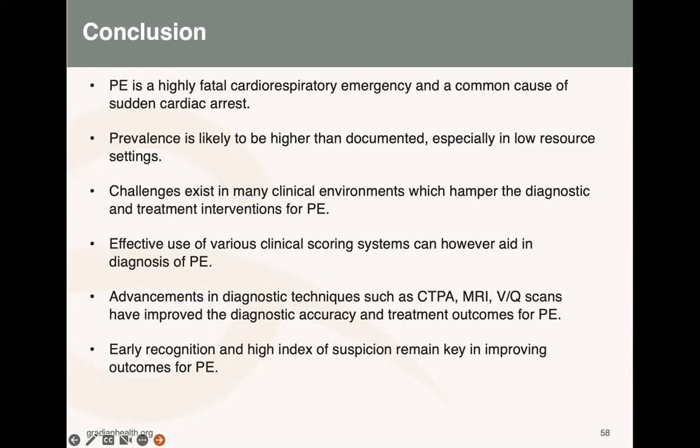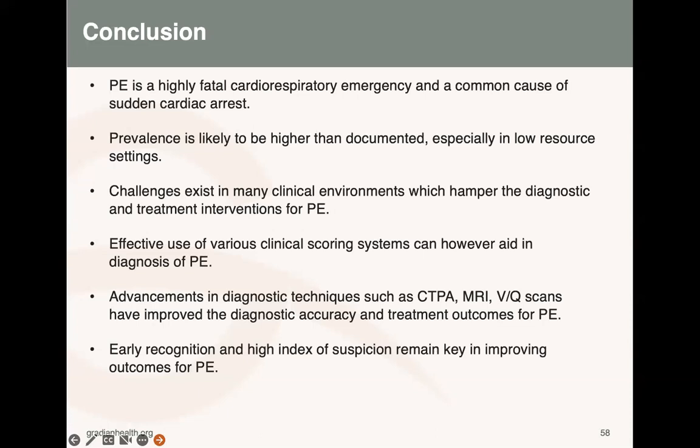And challenges exist in many clinical environments which hamper the diagnosis and treatment of PE. But we have to overcome all the challenges we are facing, and that's the essence of having this CME discussion tonight. And effective use of clinical scoring systems may aid us in estimating the probability of PE.